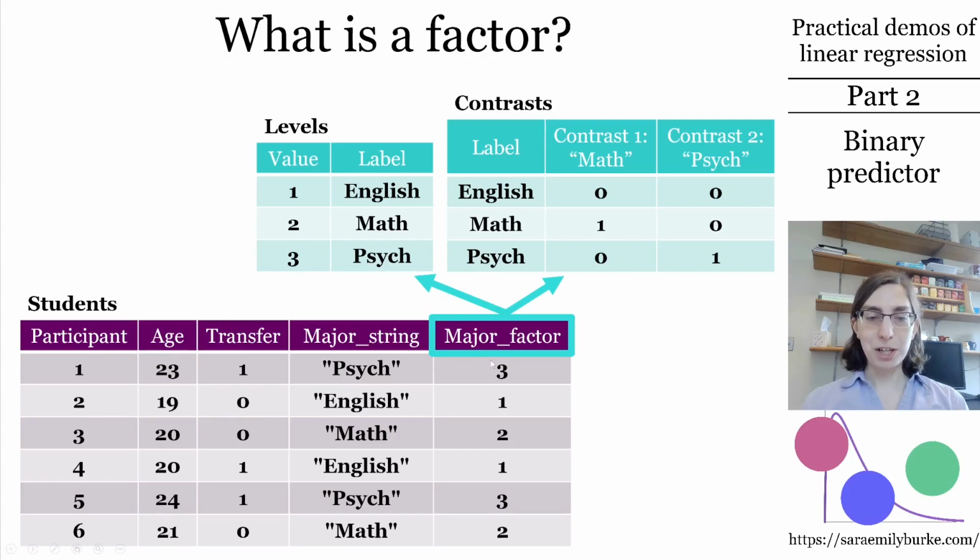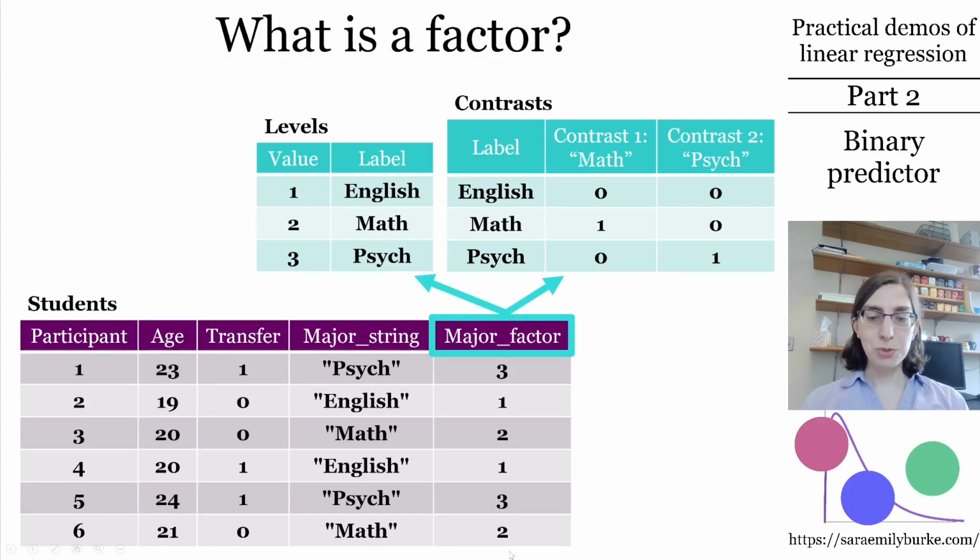So major_factor has values like 3, 1, and 2, but in the background, connected to those values, there's a reference table about what the levels of the factor are, sort of like a key that says that 1 means English, 2 means math, and 3 means psych. This is what we would get by default if we converted major_string to a factor, because it alphabetizes the levels by default, but you can change what order they show up in, and that can matter for some types of analysis. So in this case, 1 is English, 2 is math, 3 is psych.